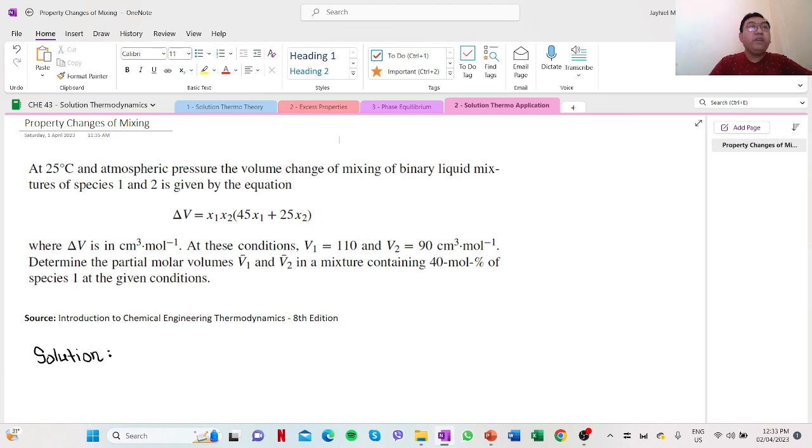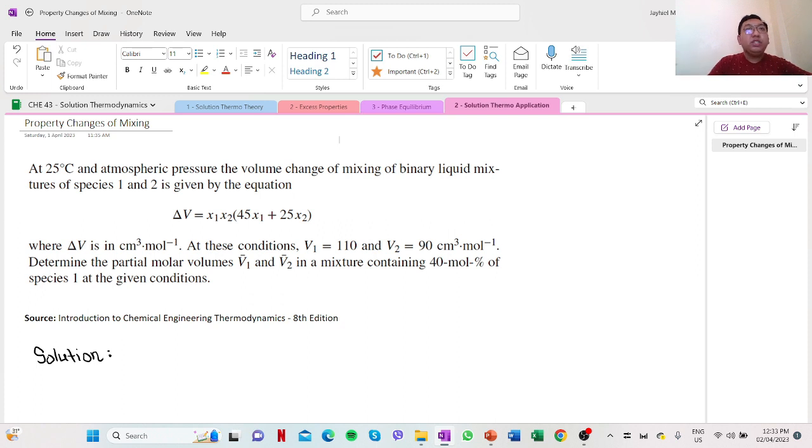At 25 degrees Celsius and atmospheric pressure, the volume change of mixing of binary liquid mixtures of species 1 and 2 is given by the equation ΔV, the volume change of mixing, is equal to x1 x2 multiplied by the quantity 45x1 plus 25x2, wherein the volume change of mixing is in cm³ per mole.